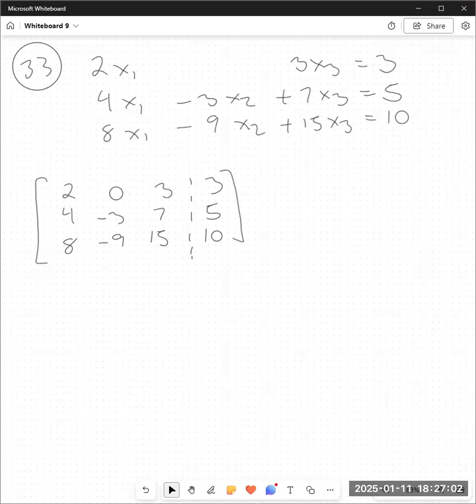Since 4 and 8 are both multiples of 2, I'm going to go ahead and do that at the same time. That negative 2 times row 1 plus row 2 will produce a new row 2, and negative 4 times row 1 plus row 3 will produce a new row 3, leaving row 1 alone.